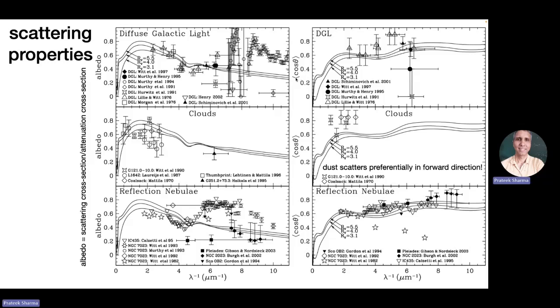So for Rayleigh or Thomson scattering, mean cos theta should have been 0, right? Because theta is the angle between the line of sight and the perpendicular. But I don't really know how they're able to measure this, but if these are the observations, what it says is that the dust scattering is very much biased in the forward direction in all these places. So it is not simple Rayleigh scattering.